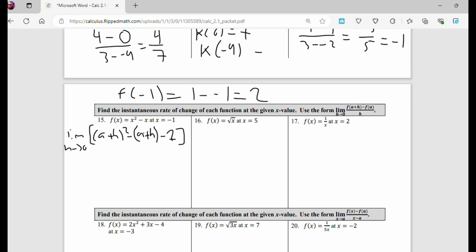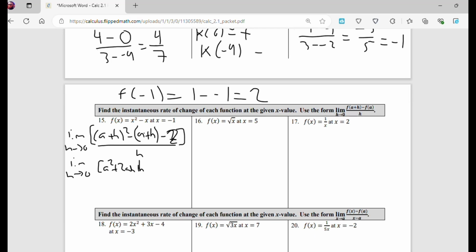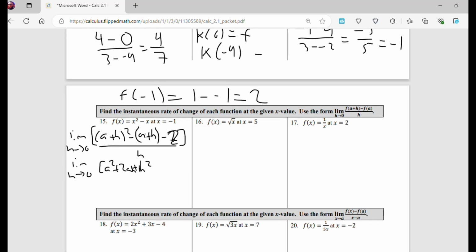And we already found our f of a. Minus 2 all over h. Right here, we gotta bring this down. We're going to expand. So a squared plus 2ah plus h squared minus a minus h minus 2.